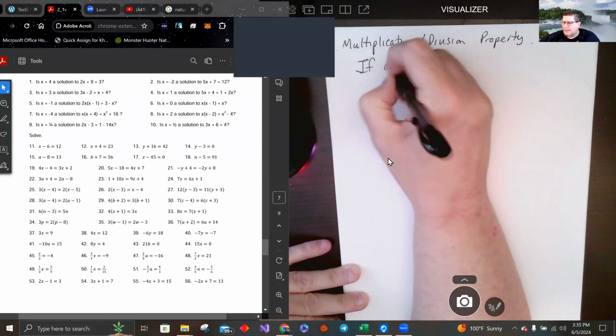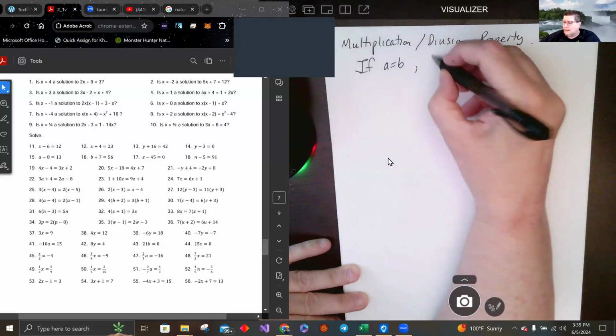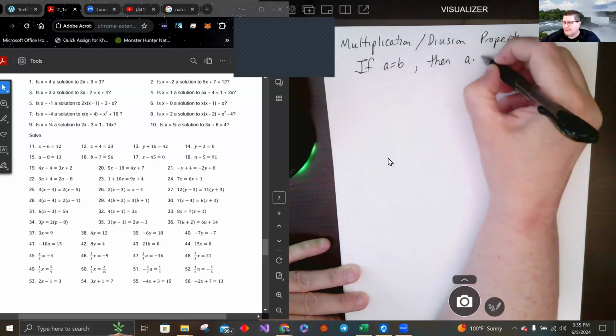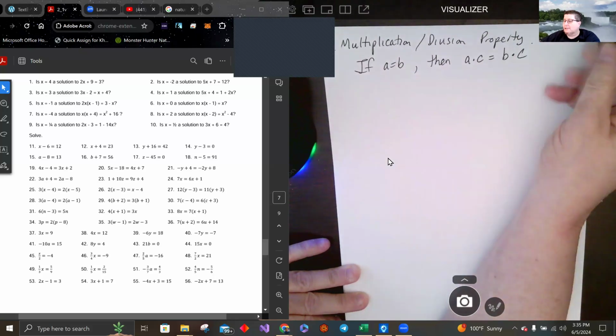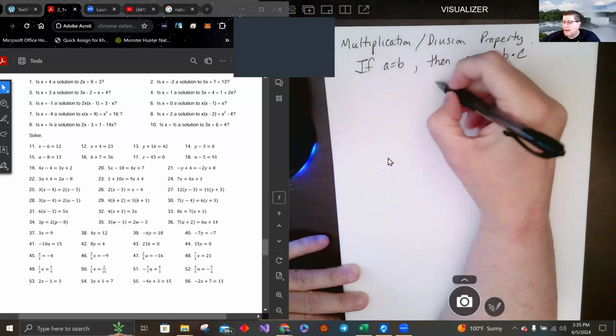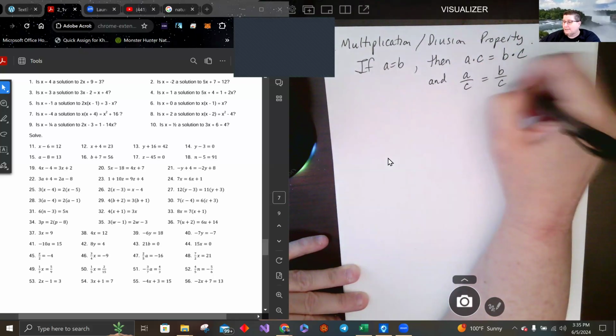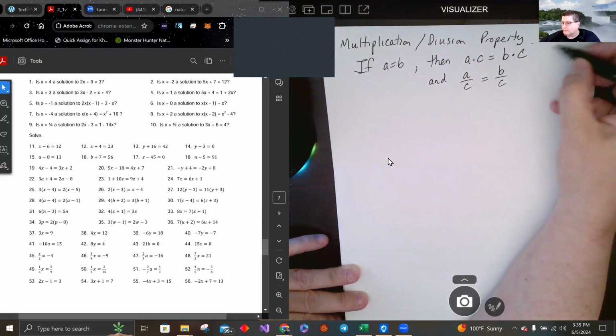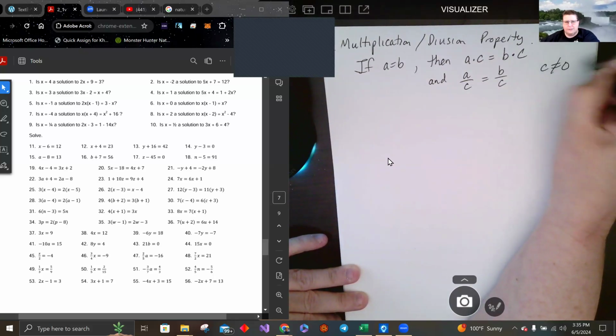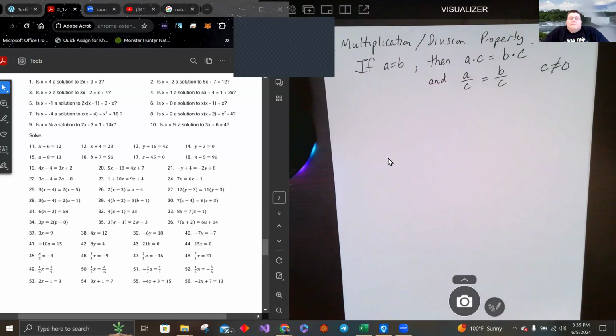If A equals B, then A times C equals B times C, and A divided by C equals B divided by C. Now let's say C doesn't equal 0 so that we can divide. Let's say C doesn't equal 0, period, because multiplying by 0 makes you lose all the initial information.